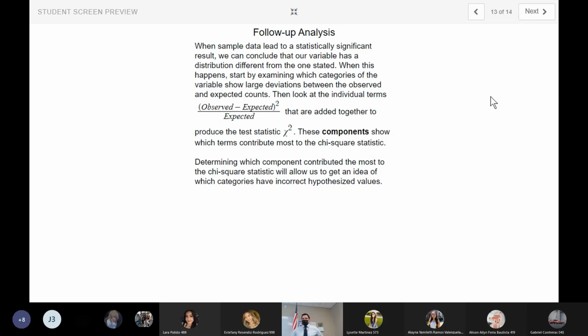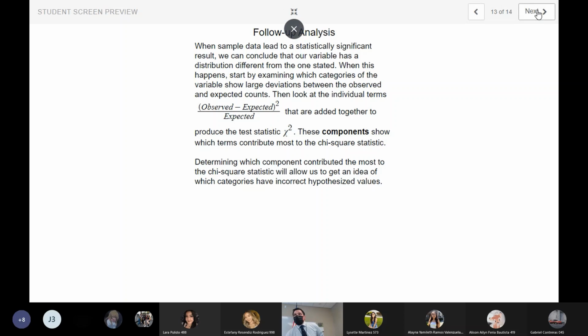When this happens, we start by examining which categories of variables show large deviations between the observed and expected counts. Then look at the individual terms from our observed minus expected squared divided by expected that are added together to produce the test statistic chi-squared. These components show which terms contribute most to the chi-squared statistic. Determining which component contributed the most will allow us to get an idea of which categories have incorrect hypothesized values.